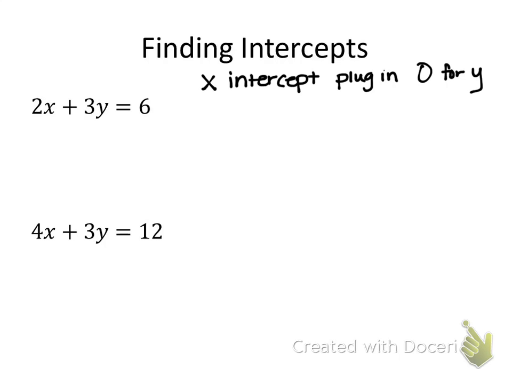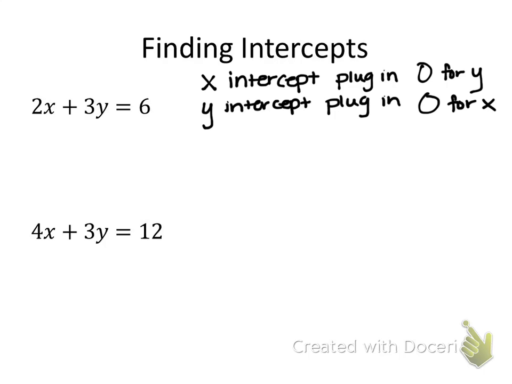Okay, same goes for y. Whenever I want to find the y-intercept, you plug in 0 for x. Now, make sure that you do not get these mixed up, because a lot of times people go, oh, find the x-intercept, plug in 0 for x. No, you want to plug it in for y. So I want to plug in the opposite.